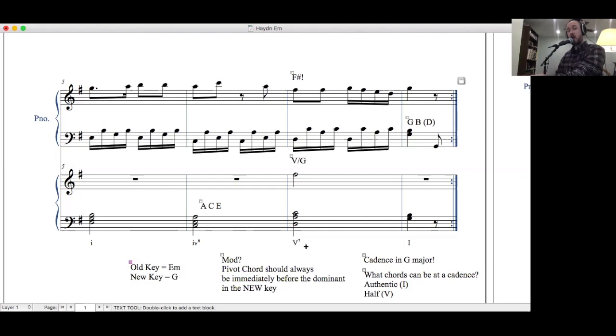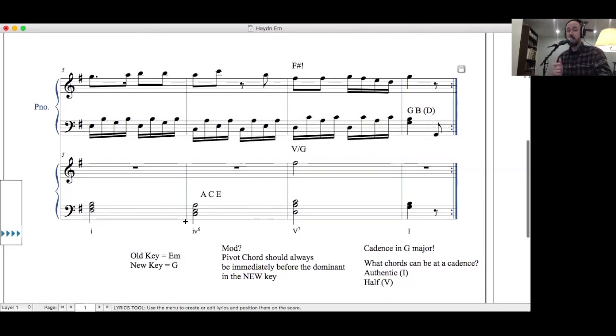It's the chord that sounds like it wants to cadence to G. So if this is our dominant in G major, where do we find the pivot chord? It's right before it. The pivot chord is the chord right before the dominant in the new key.